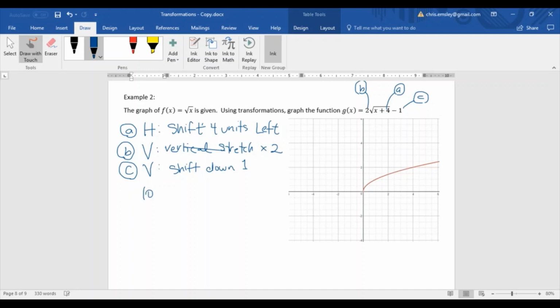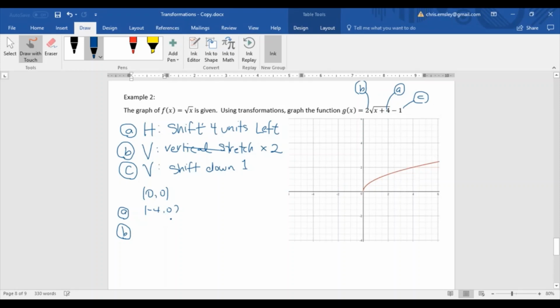Okay, again, we're going to pick a few points off this original function and look at what happens to them when we put them through the transformations. So 0, 0 is sort of the ending point of our original function. So the first thing we do, step A, shift that 4 units to the left. So that now becomes the point -4, 0. B is a vertical stretch times 2.